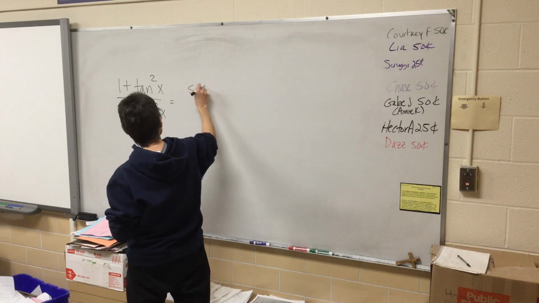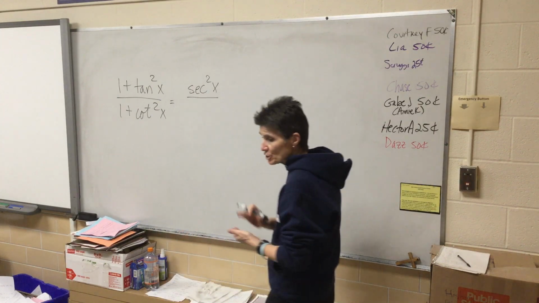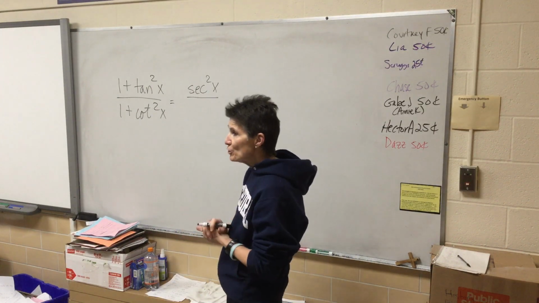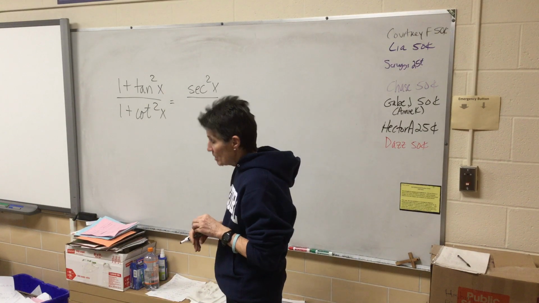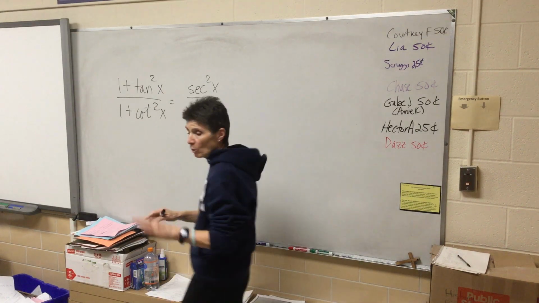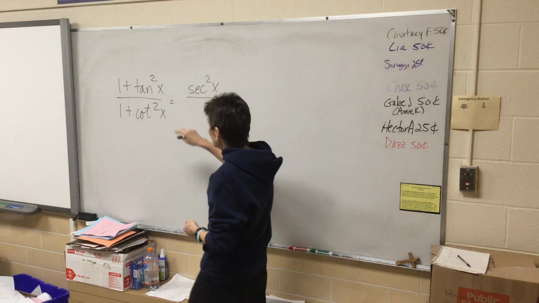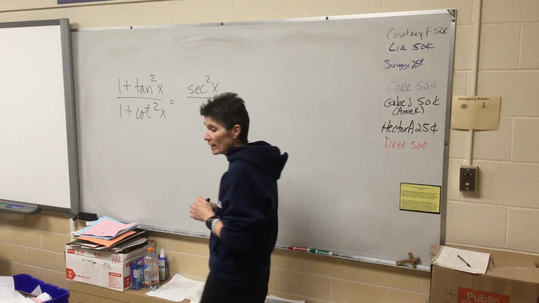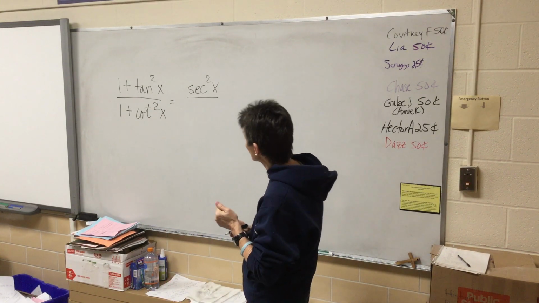So that equals secant squared right on the sheet. So when you have memorized your sheet, not the whole sheet, just the first 8 that I had you box in, when you see 1 plus tangent squared, you're going to immediately say, oh, that's secant squared.